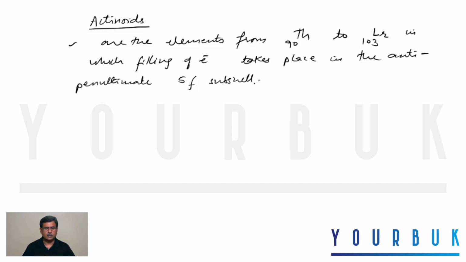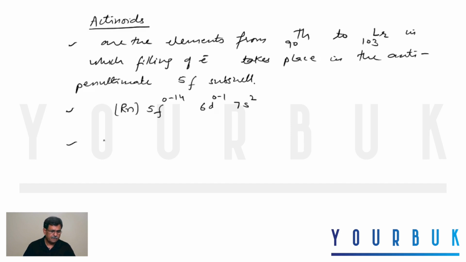Again, some books include actinium also along with actinoids in the F block. The general configuration is radon 5f 0 to 14, 6d 0 to 1 and 7s 2.